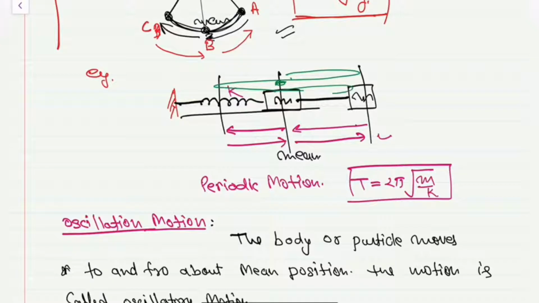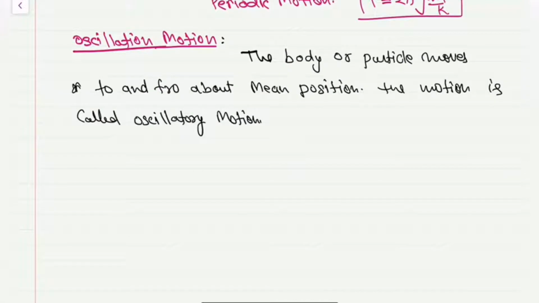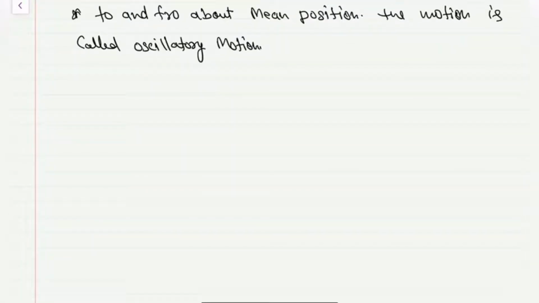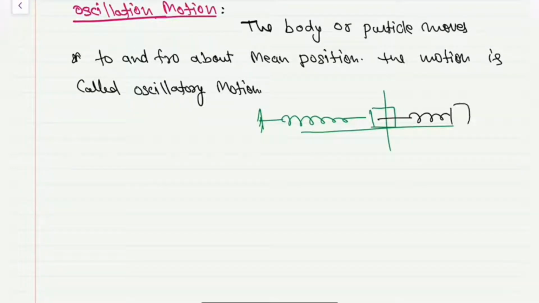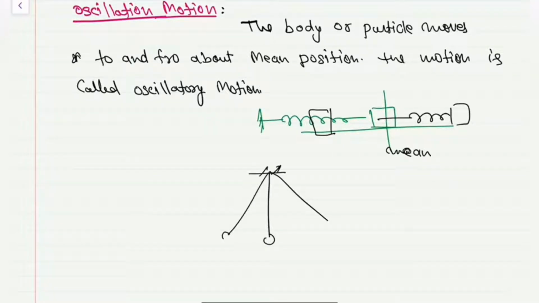So this is an example of oscillation. The motion of a spring mass system about its mean position is oscillatory motion, and the motion of the simple pendulum about its mean position is also an example of oscillation, isn't it?